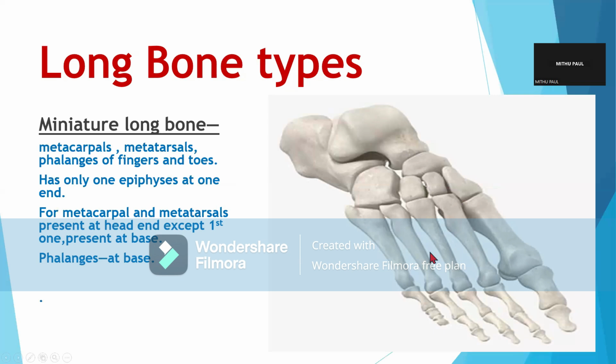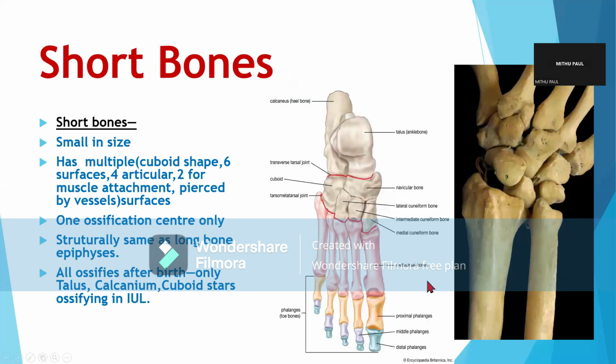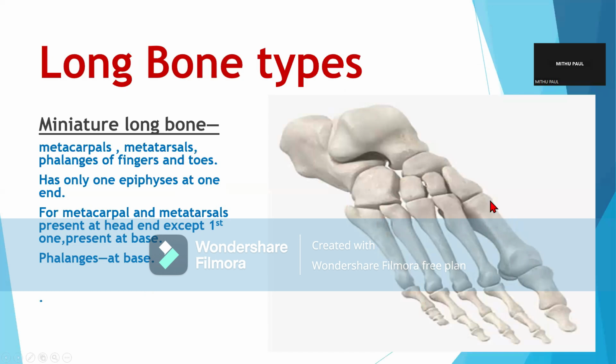Some bones, see here, these are the metatarsals. So also the metacarpals here. Okay, in these bones also the greatest dimension is length. So they are long bones, but they do not follow the other criteria, such as they do not have two epiphyses.